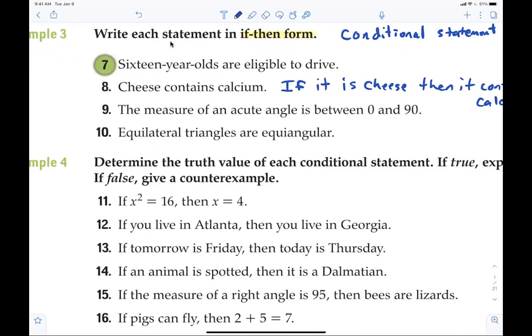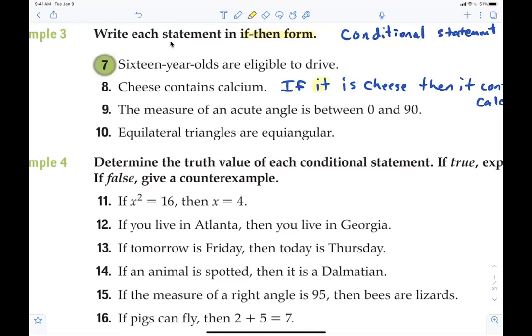Up here, I was thinking long about how do I not make number 8 it. Whatever's in front of you, I don't know how else to describe it. If what's in front of you is cheese, then it contains calcium. If you want to write that, that's fine, but I didn't know how else to say that. So we generally don't like to use pronouns.